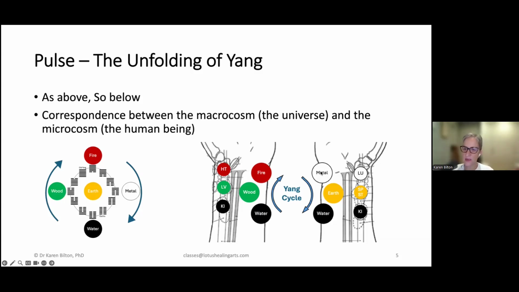And then on the right side, we have the lungs, which are metal, the earth, the spleen and stomach, and then returning to water in the kidney. On the right side of the pulse we can see how things are descending in the body, and the big descent in the body is through the digestive system. We have the lungs descending fluids, and the digestive system descending, and everything going back to kidney yang. This is our kidney yang position. So you can see that cycle of yang is replicated in this pulse system.